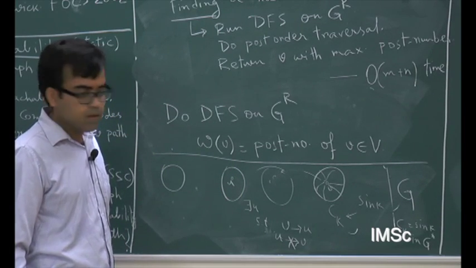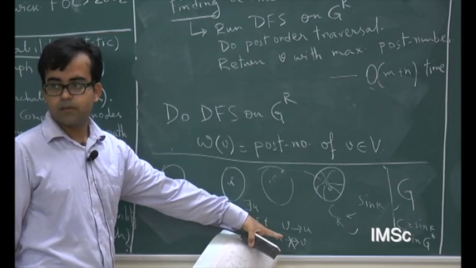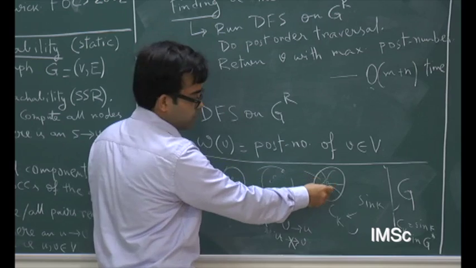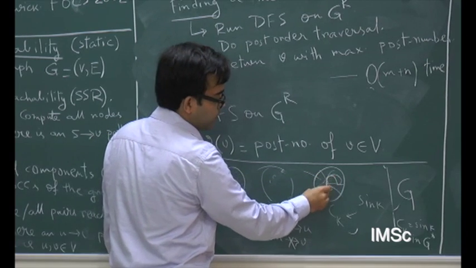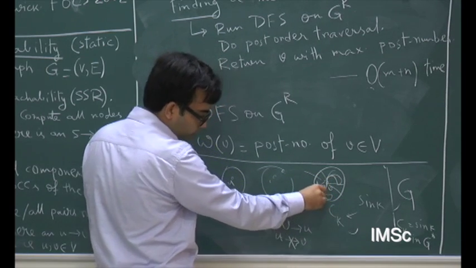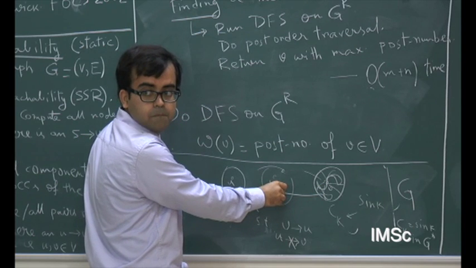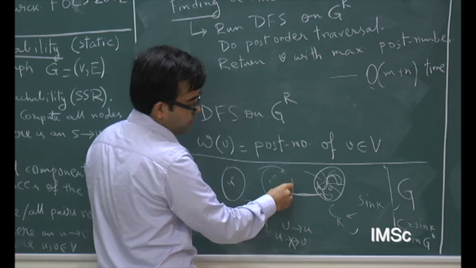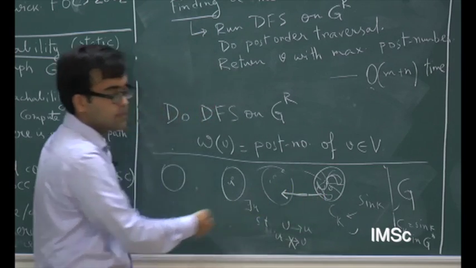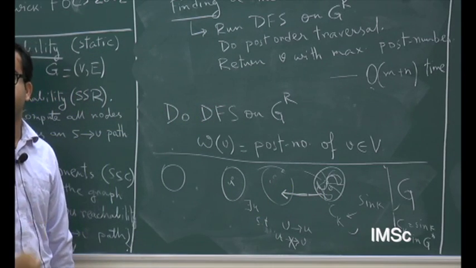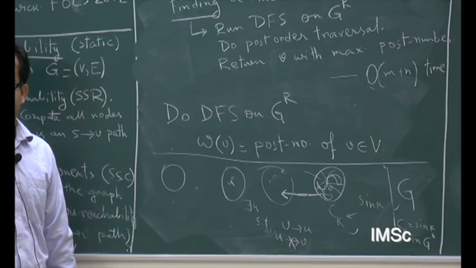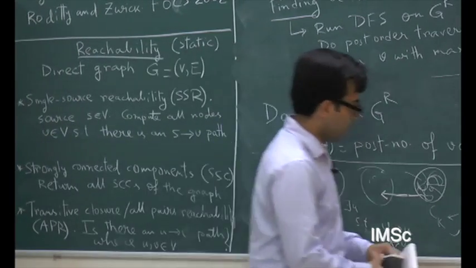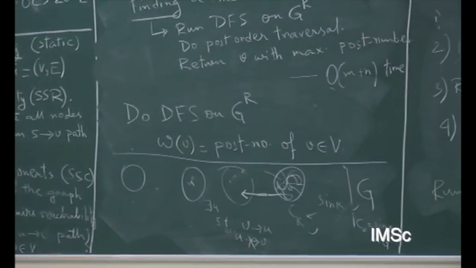Now what is this V to U path? You just chart out this path from V to U. It will stay somewhere here, but at some point it needs to get out. And at the point it gets out of CK, how can CK be a sink then? Because there is an outgoing edge from CK. Okay?